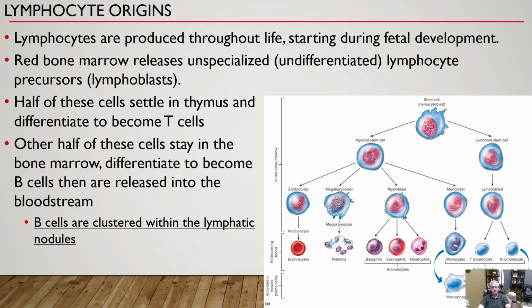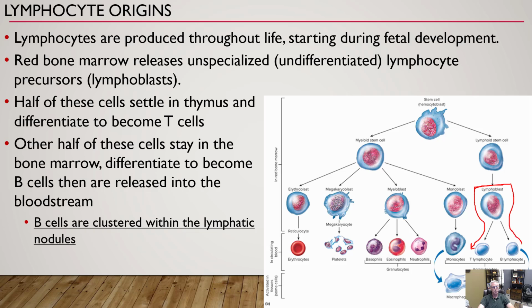They start out as these things called lymphoblasts. So we're going to start right here at lymphoblasts. Half of these cells are either going to go to the thymus, if we go down this left pathway, to produce T cells or T lymphocytes, or they're going to stay in the bone marrow to become B cells.